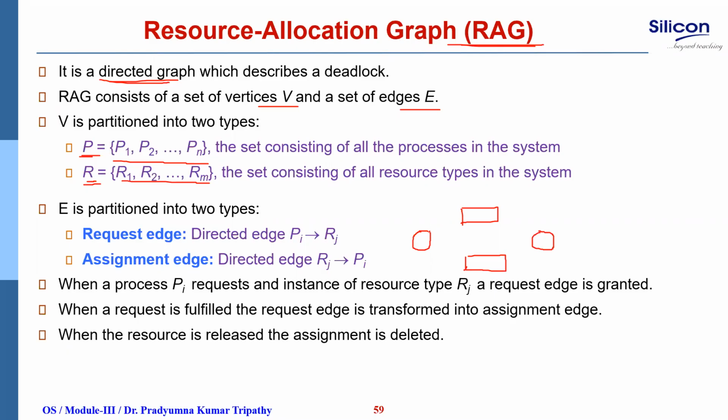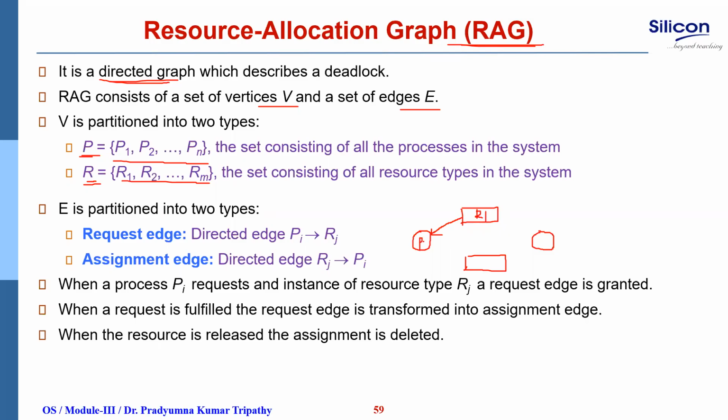We may have some edges over here. If a resource is allocated to a process, try to understand, this edge is called the allocation edge. So if there is an edge from resource to process, this is a resource.